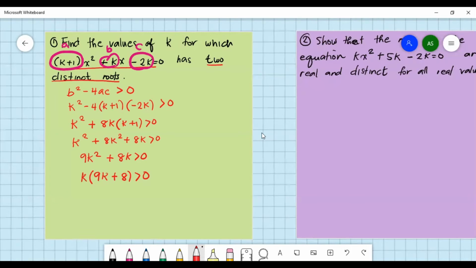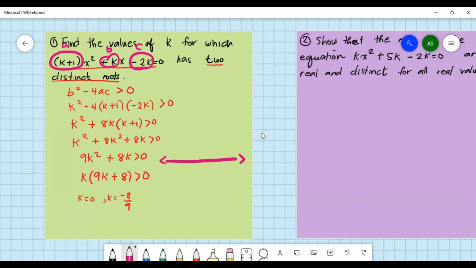So when will this be greater than 0? As you notice, this will be equal to 0 when k equals 0 and when k equals negative 8 over 9. So what we're going to do is graph this quadratic inequality.